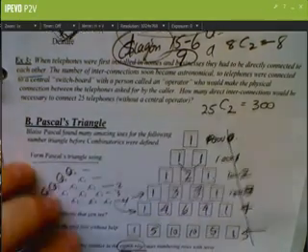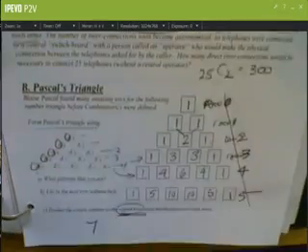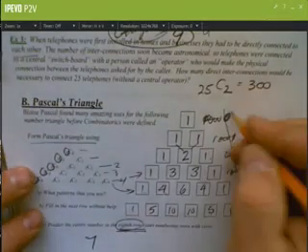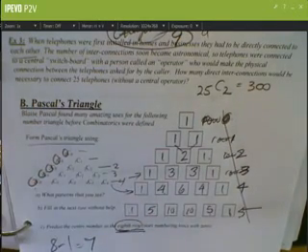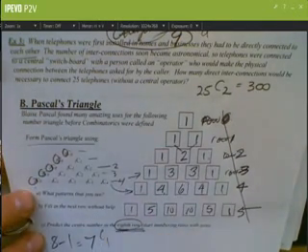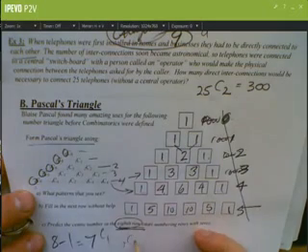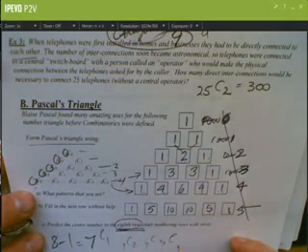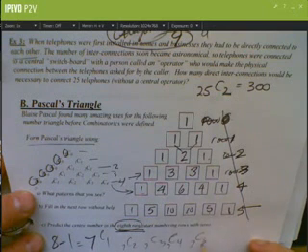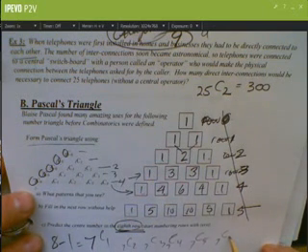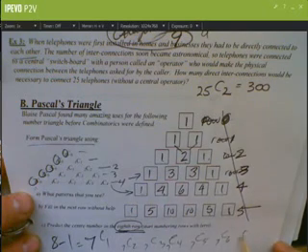It starts with 7. Oops, you can't see that. Sorry about that. So the 8th row, because we start counting at 0, is 8 minus 1 or 7. So the first number is 7 choose 0, and then it goes 7 choose 1, 7 choose 2, 7 choose 3, 7 choose 4, 7 choose 5, 7 choose 6, and 7 choose 7.